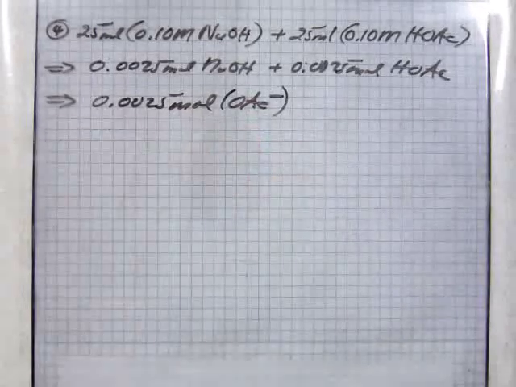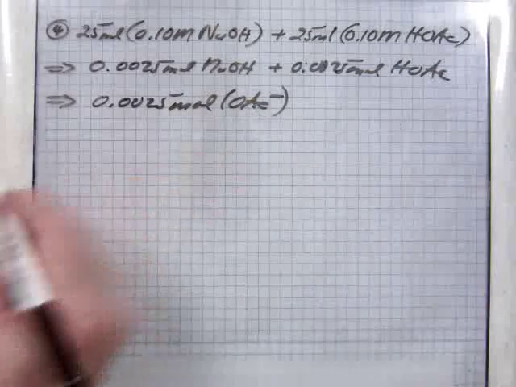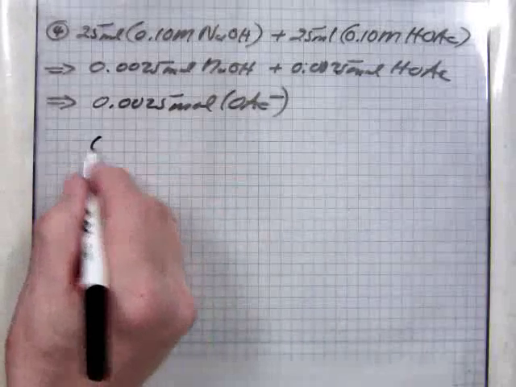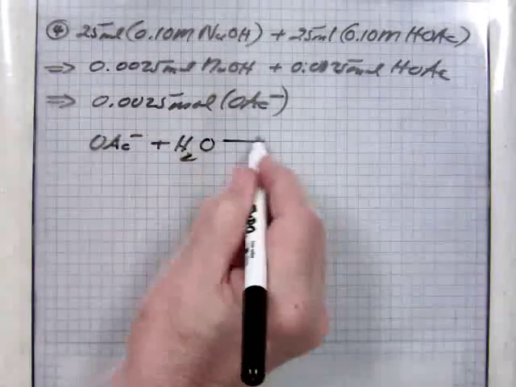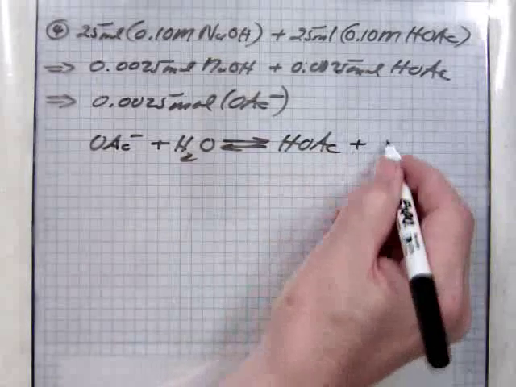we're interested in the effect of the acetate ion. So when we test the acetate ion reaction with water, we get a weak electrolyte. That is OAc- plus H2O sets up an equilibrium and generates HOAc and excess OH-.